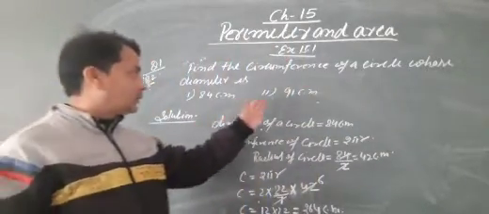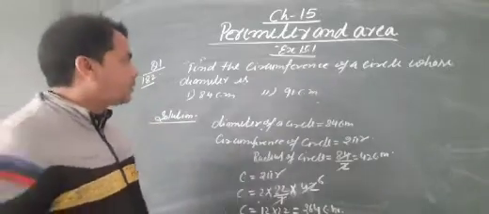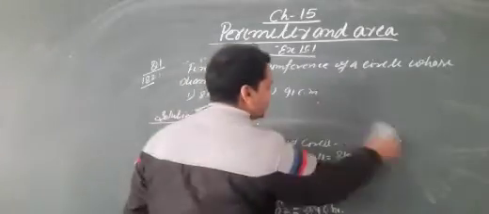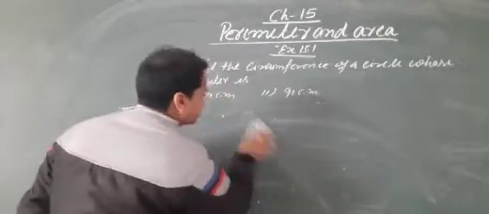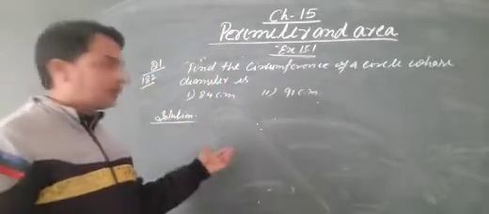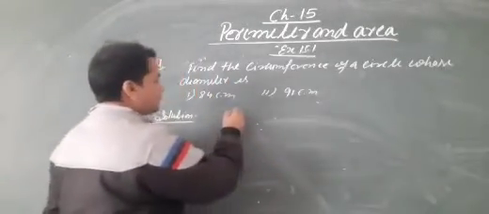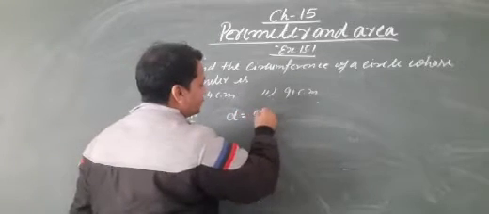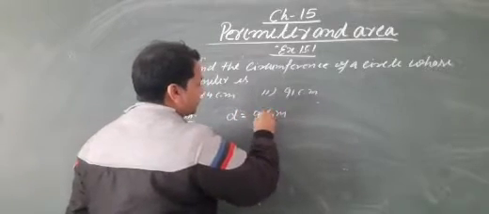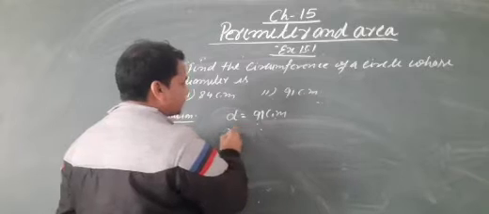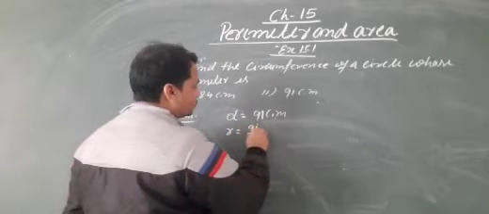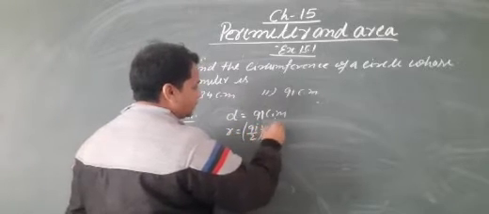Now the next question is here, the diameter of the circle is given, 91 centimeter. So d equal to 91 centimeter. Then the radius of the circle is 91 by 2 centimeter.